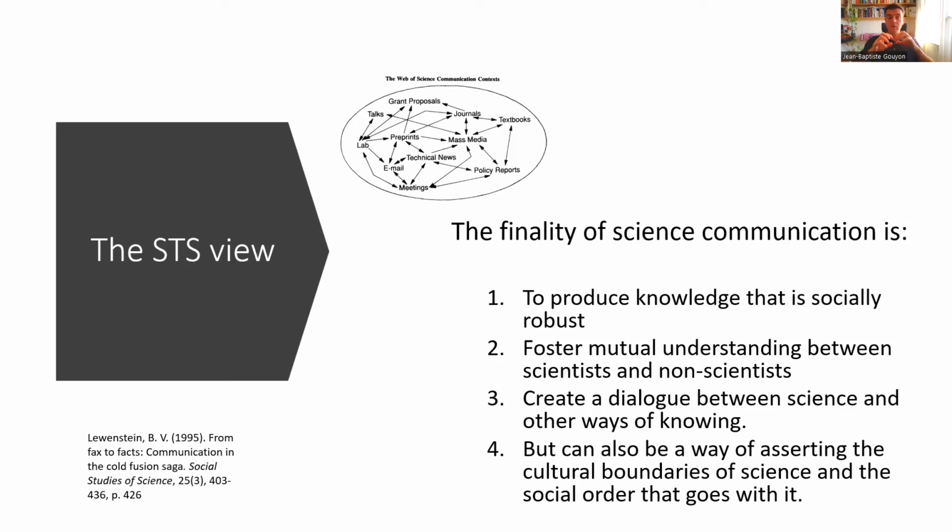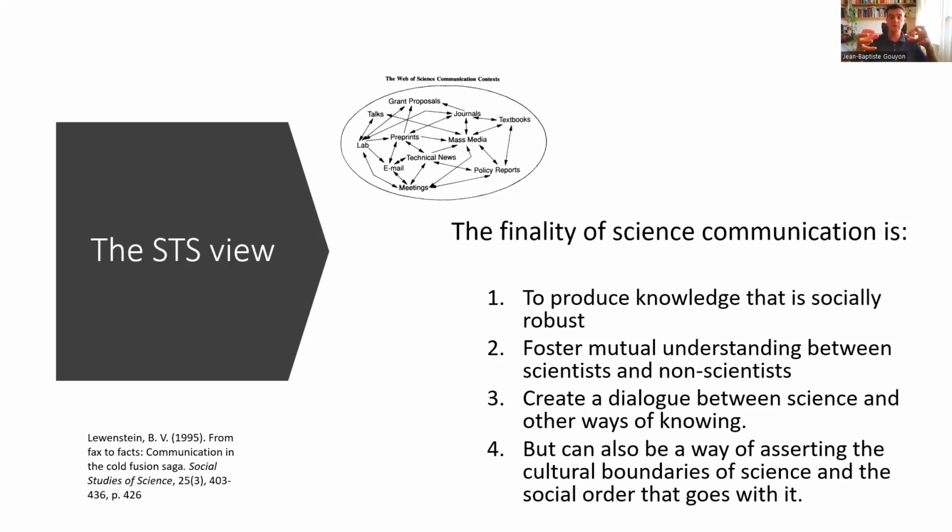It is not only to foster public understanding of science, but to foster mutual understanding between scientists and non-scientists. So non-scientists can understand what scientists do and how they think and what they are looking for, but scientists also can understand what people in society, of which they are part, want, and how they relate to science and what science means to them, etc.